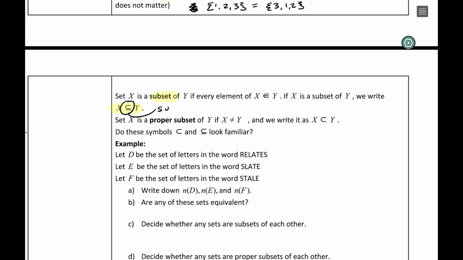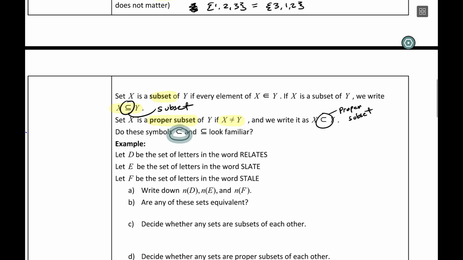It means it's a subset of Y. Set X is, however, a proper subset of Y if X does not equal Y. And in that case, we will use this symbol that kind of looks like a C. It almost looks like an element of. It's very, very similar. It's kind of like saying that all of the elements in X will be inside this set Y. That's what this really says. Okay, so this is going to say proper subset.